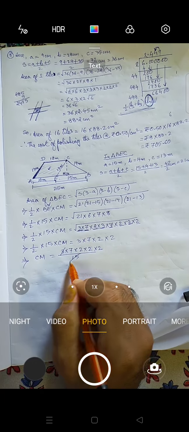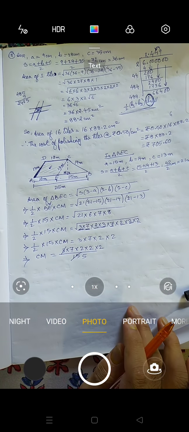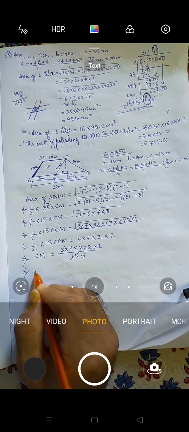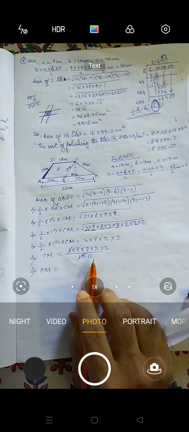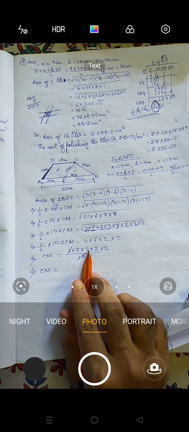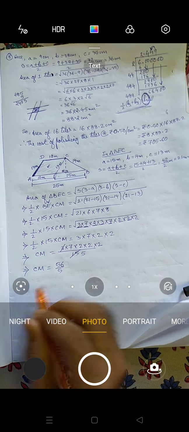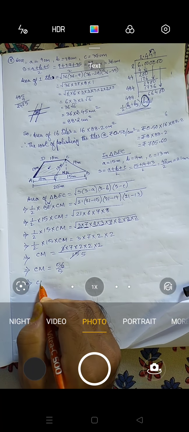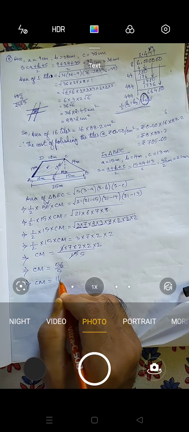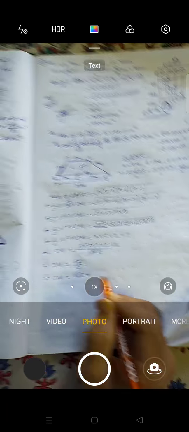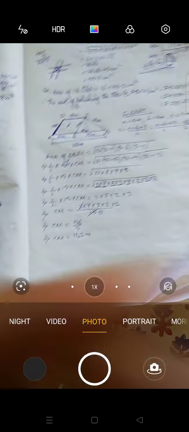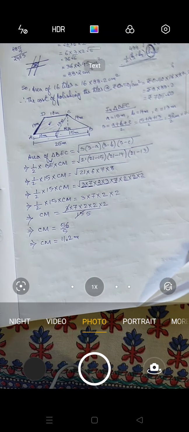So 3 ones are 3, 3 fives are 15. We got this one. Now CM equals 2 twos are 4, 4 twos are 8, 8 sevens are 56. So 56 by 5. Now if you divide this, you will have CM equals 11.2 meter. When you divide this, you will get 11.2. Clear?